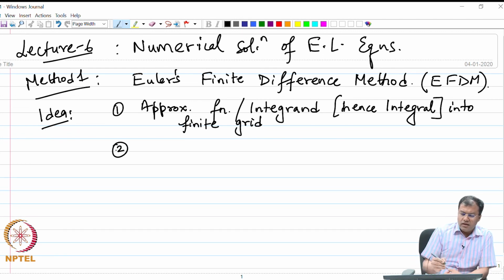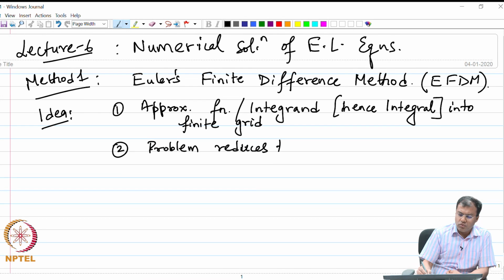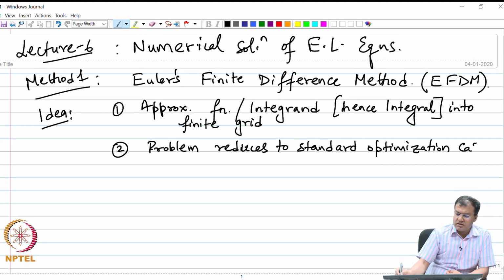So, the next idea is that the moment we discretize our functional, the integral into a finite set of points, our integral becomes a summation, and then the problem reduces to the standard optimization case in multivariate calculus.